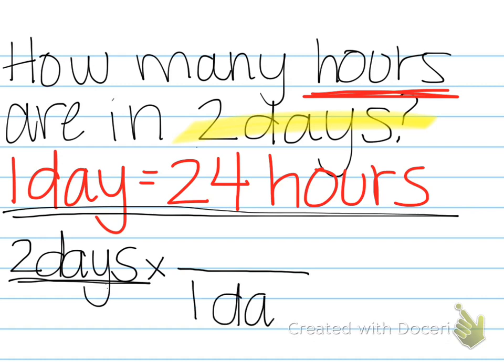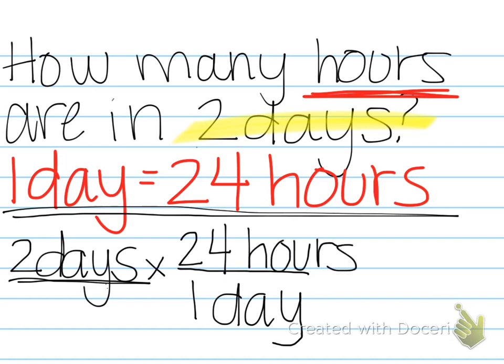So we're going to rearrange our equivalent statement. So days is on the bottom and hours is on top. So now what happens? Our unit of days is going to cancel, and we are going to be left in a unit of hours, which is what we want because that's what's in the problem.